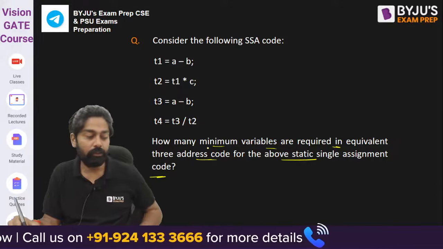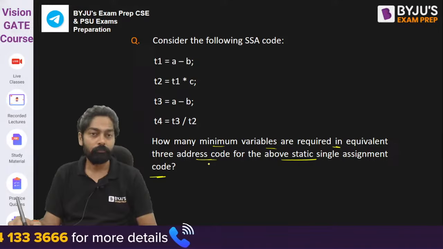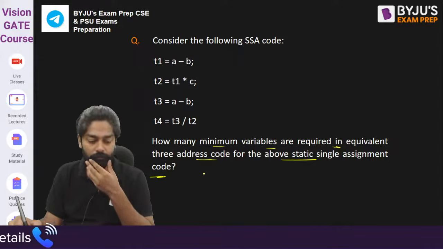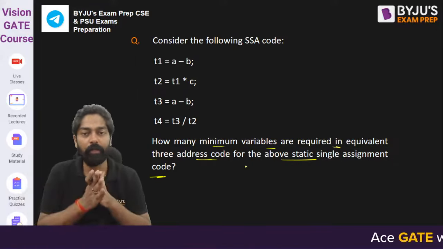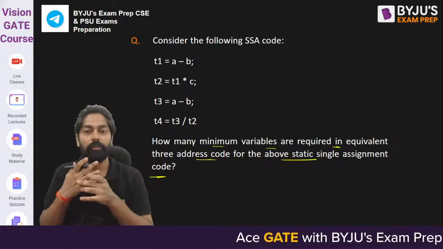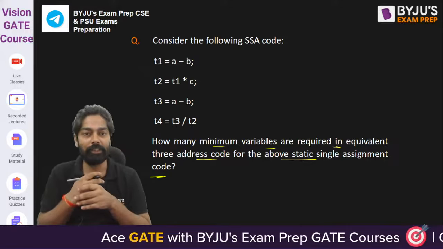Can you please reply to this question? Good evening. What is the answer for this one? I am waiting for your reply. How many minimum variables are required in equivalent 3 address code for the above static single assignment?